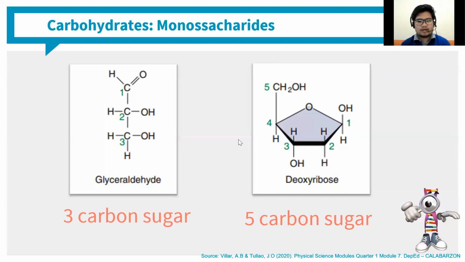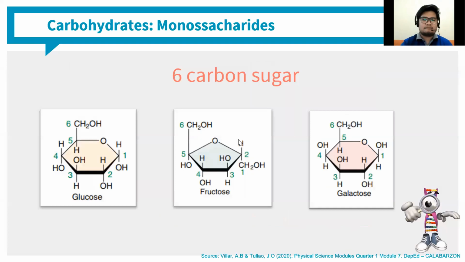The other one, the 5-carbon sugar, is deoxyribose, the sugar found in nucleic acids. We also have other samples of 6-carbon sugar: glucose, fructose, and galactose. They are all sugars with 6 carbons. Still, they are classified as monosaccharides.